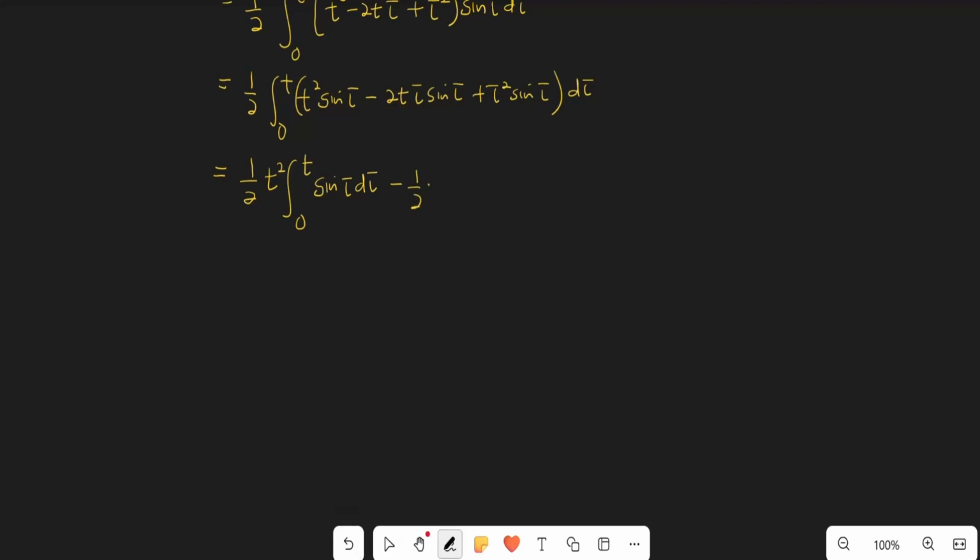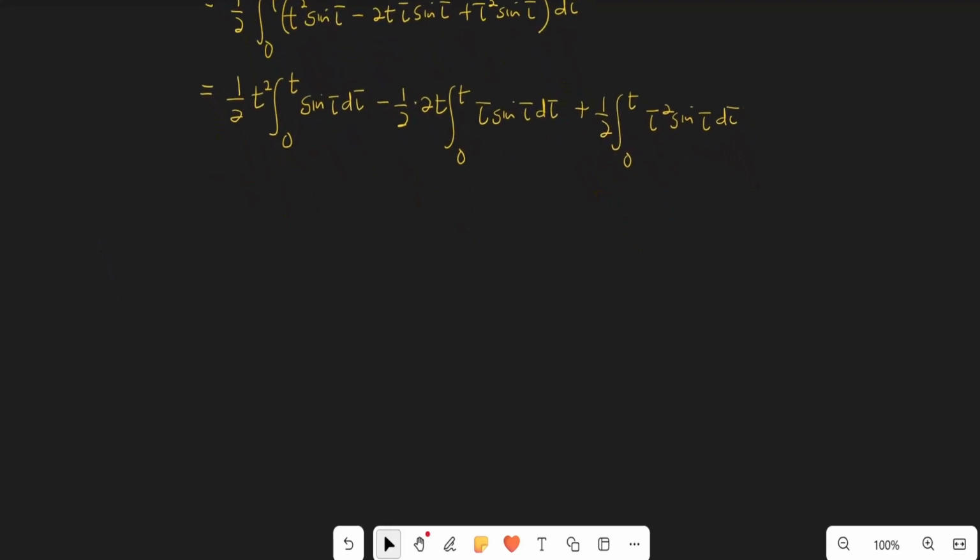It comes in front as well, so it's going to be 2t like this. And then the integral from 0 to t of tau multiplied by sine of tau d tau, right? And then the last one is going to be plus 1/2, and then there's no constant here. The integral from 0 to t of tau squared sine of tau d tau like this.